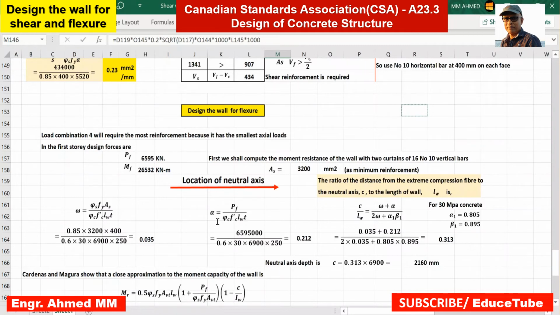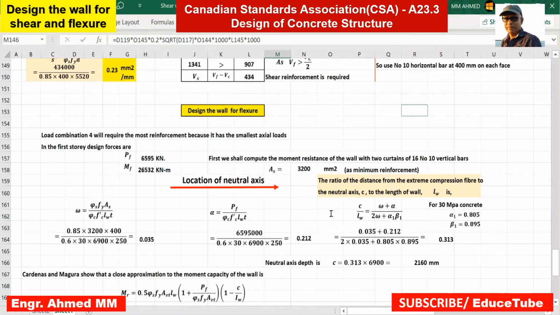What about alpha? Alpha means PF, this axial load, divided by all these parameters. This is totally related with concrete and the cross-sectional area of the shear wall. Here it is axial load. So ratio, it will give us alpha. So 0.212.